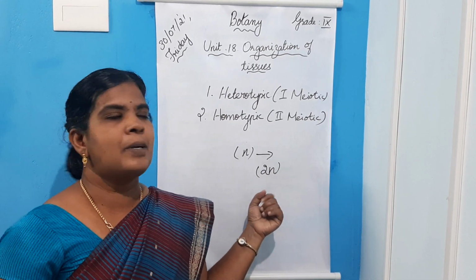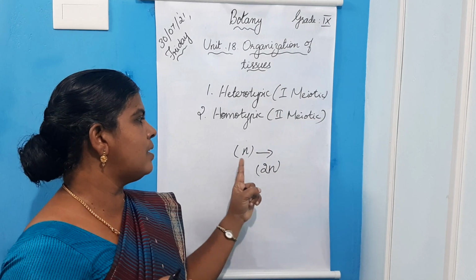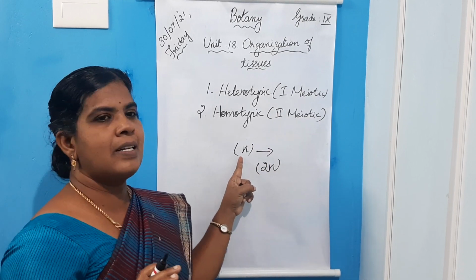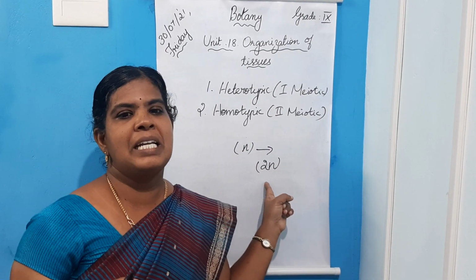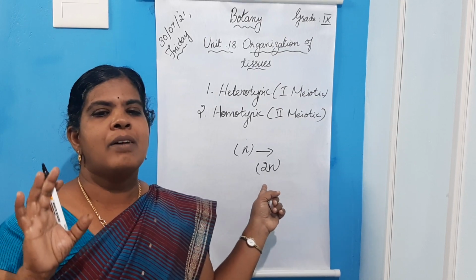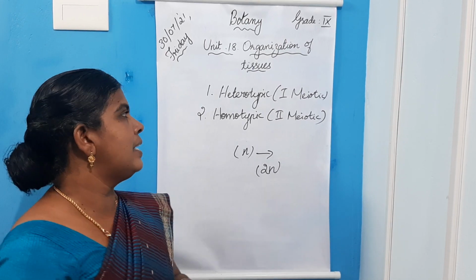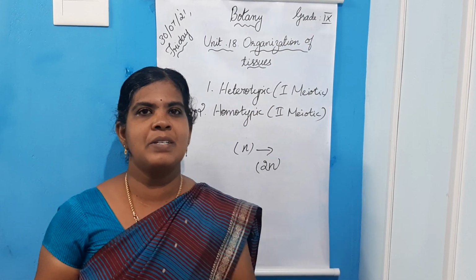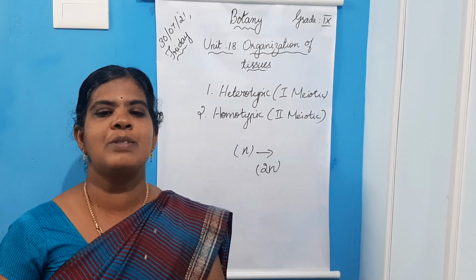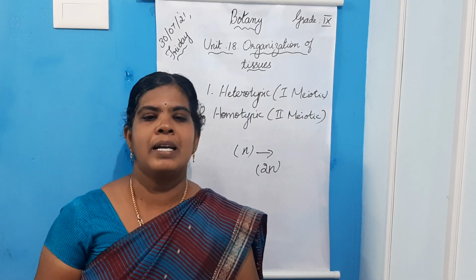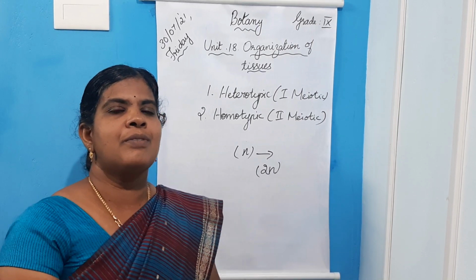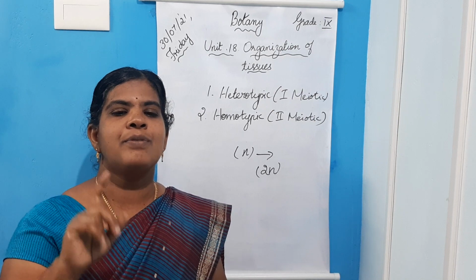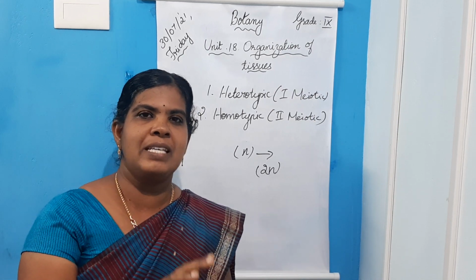So the first meiosis produces 2 haploid cells from the diploid parent cell. There are 5 substages in heterotypic division: prophase 1, metaphase 1, anaphase 1, telophase 1 and cytokinesis. Among the 5 stages, which is the longest phase?